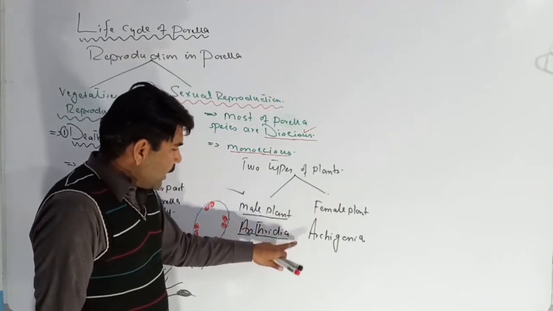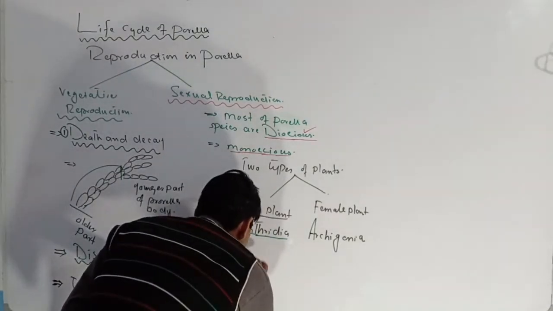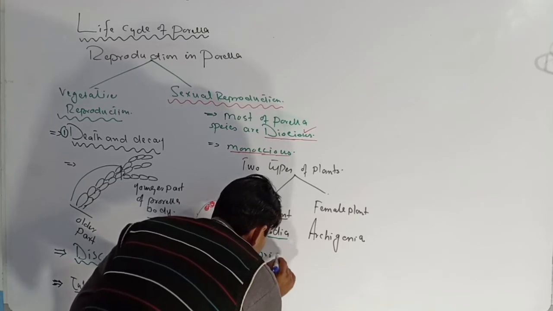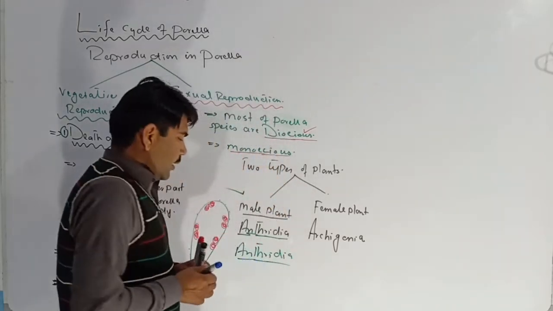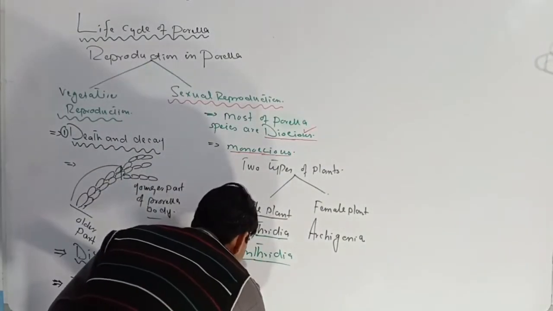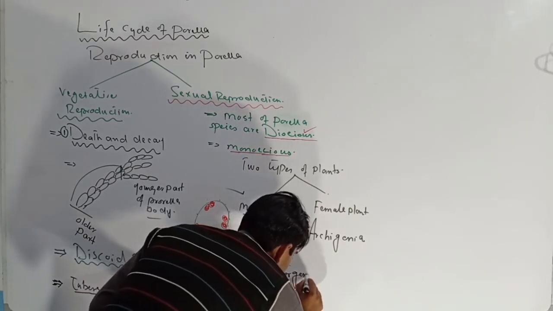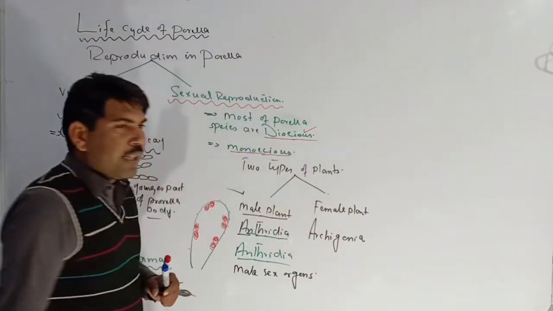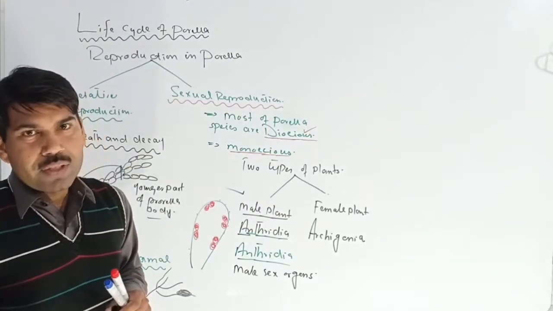So the antheridia, or male sex organs. Now we are going to discuss what the antheridia are. Actually these are male sex organs. These are present on the short fertile branch of the plant body.